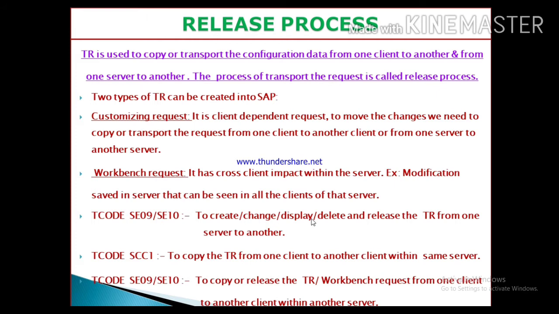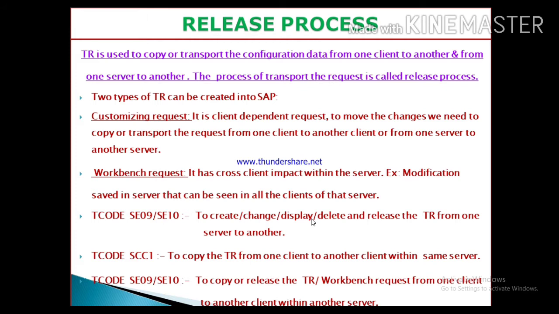Now we discuss what types of transport request there are. There are two types of transport request. First is the customizing request and second is the workbench request. What is a customizing request? It is a client dependent request.